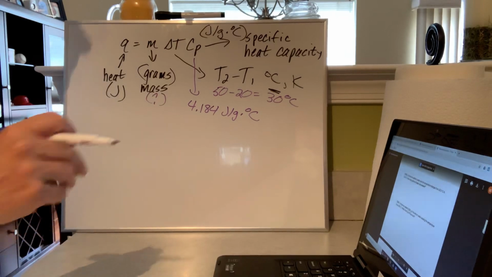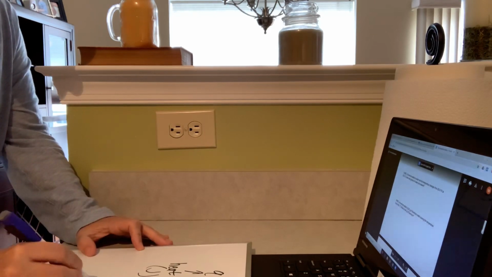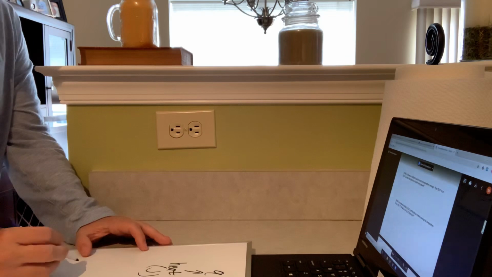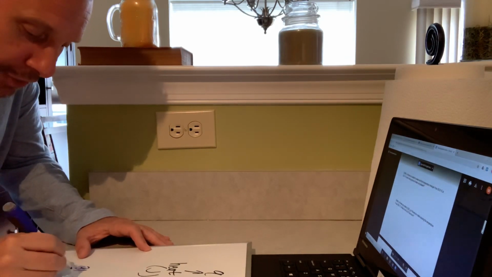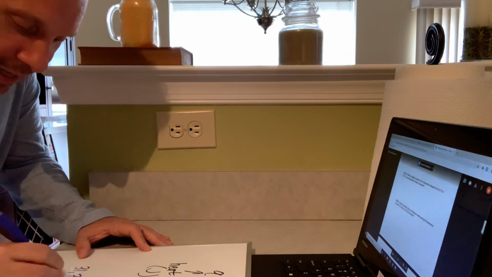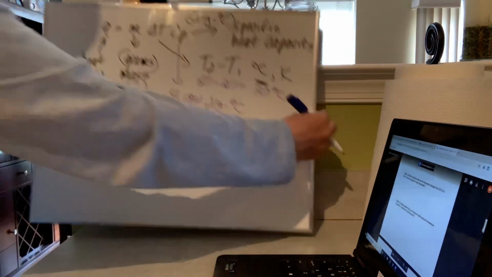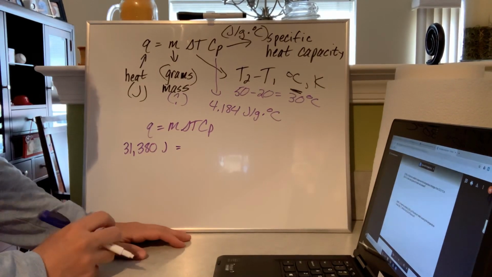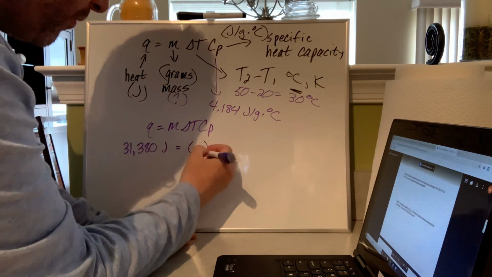Anyway, let's plug in what we know. Q is equal to M times delta T times CP. Our Q value is 31,380 joules. Plug that in there. It said how many grams of water are present, well, that is our M value.